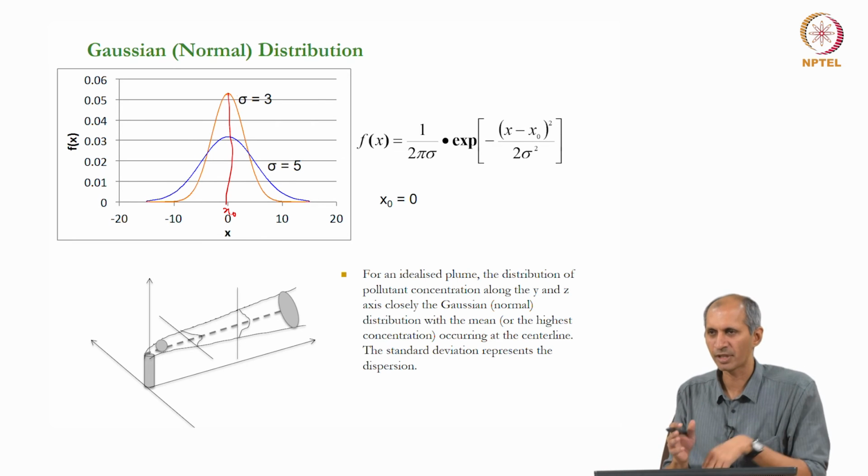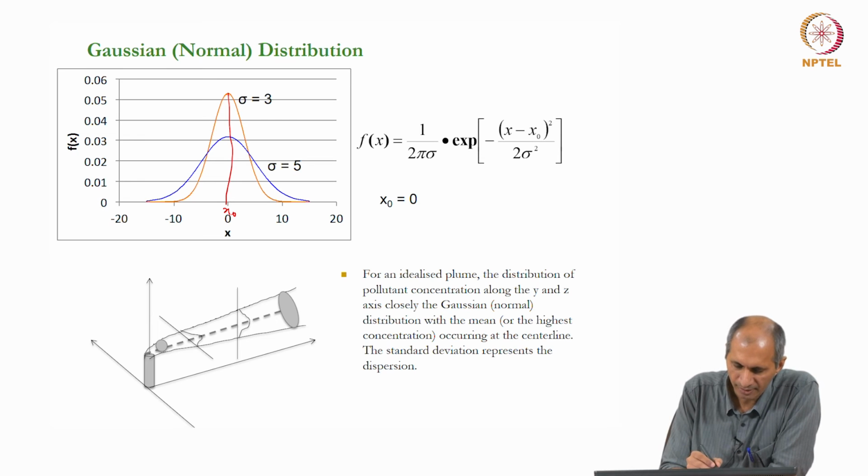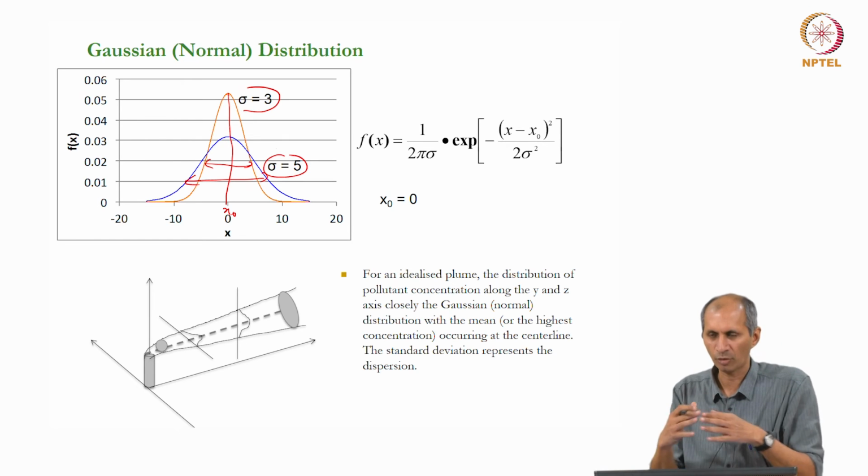It is a symmetric bell curve, and sigma is the spread. The magnitude of sigma indicates how much spread there is.